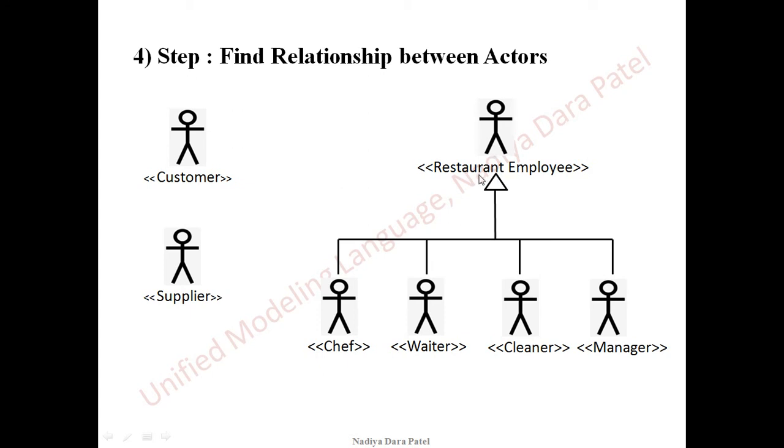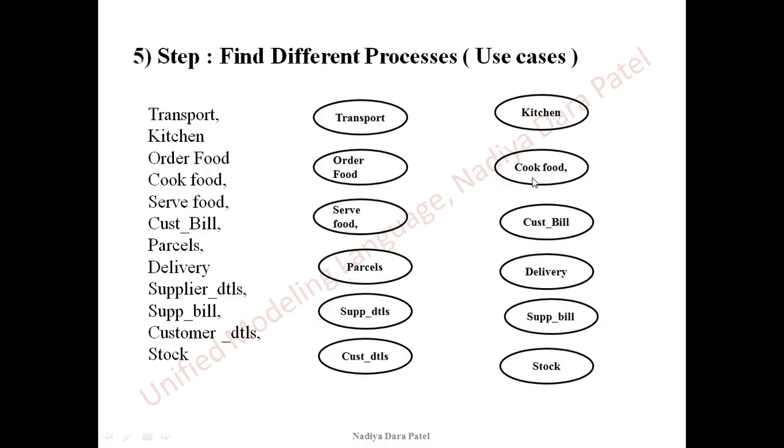So I have kept restaurant employee as the title, and all the employees can come under that category. While drawing the use case diagram, instead of writing every actor separately, I can simply write restaurant employee. Who that employee is, you can find out in this relationship, but for the sake of keeping it simple, we can use the word employee.